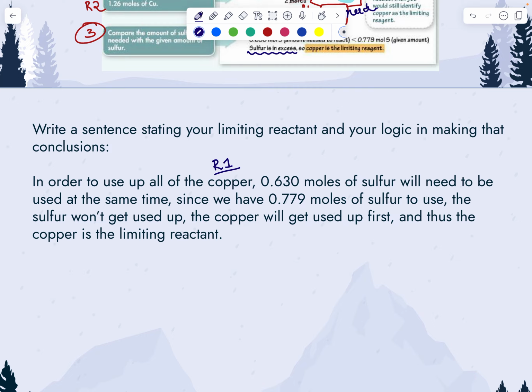And this says in order to use up all of copper, 0.630 moles of sulfur will need to be used at the same time. Look at how this number right here is how much I have. The sulfur won't get completely used up because I'm only going to need to use 0.6 moles. And so therefore the copper is the limiting reactant because the sulfur won't get all used up.